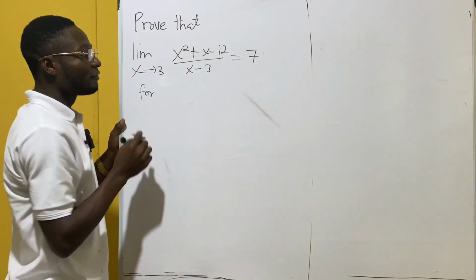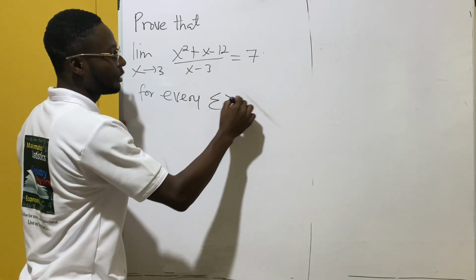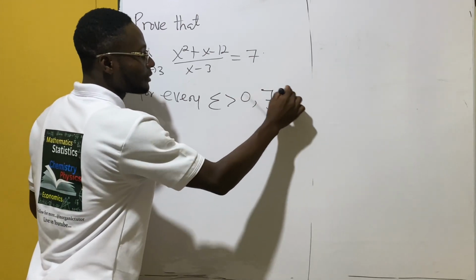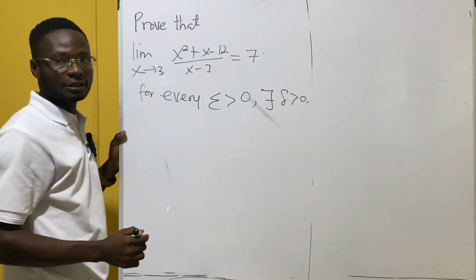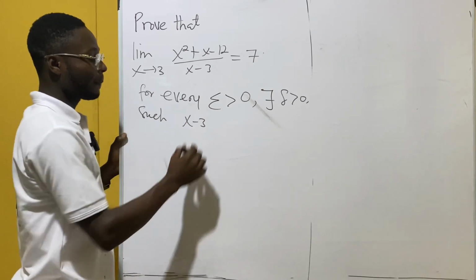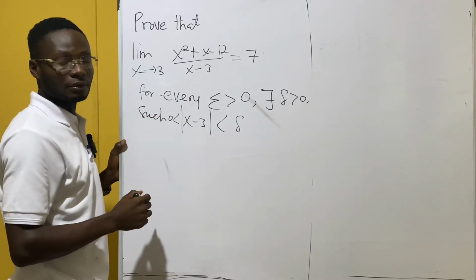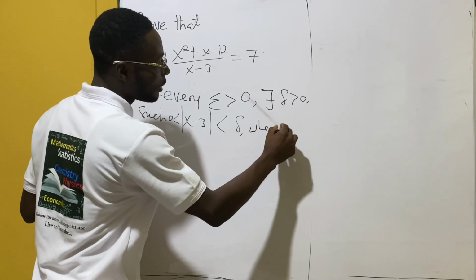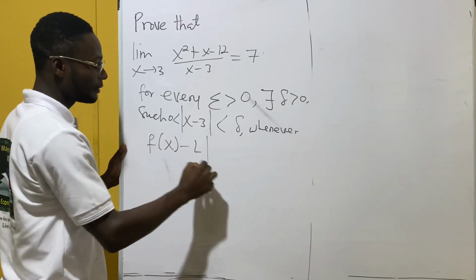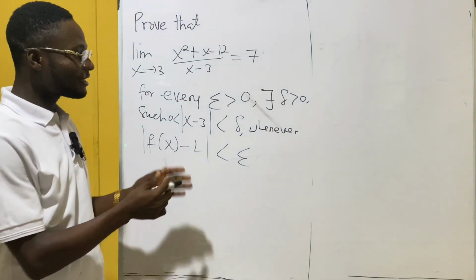For every epsilon, it should be positive, that is greater than 0, there should exist a delta that is also greater than 0, such that 0 is less than |x minus 3|, which is less than delta, whenever the absolute value of the function minus the limit is less than epsilon. So this is the definition.